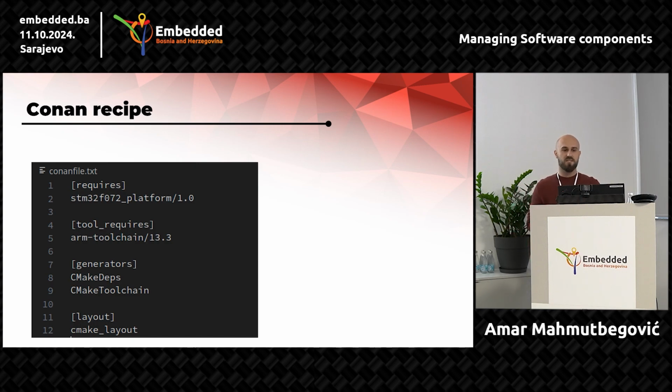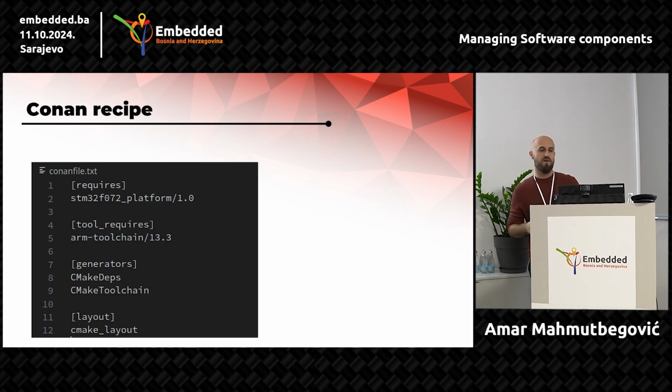Let's go through this example using the txt conanfile. We have a requires clause where we stated that our project depends on the STM32F072 platform. This is a static library that provides us with the HAL.